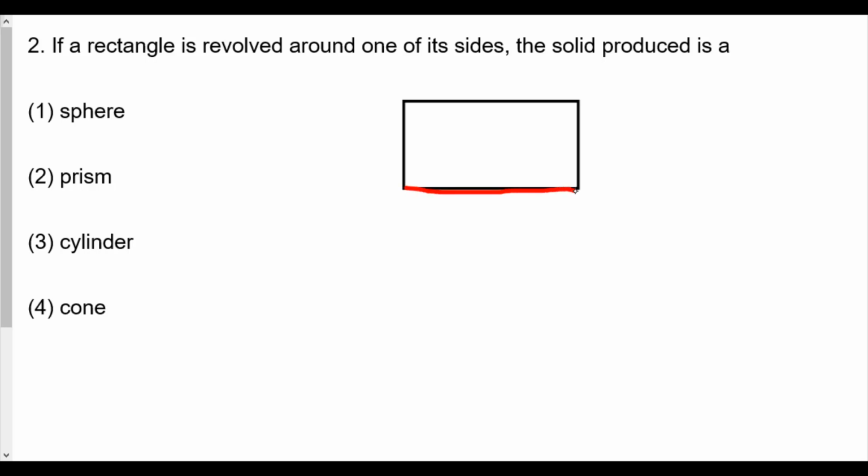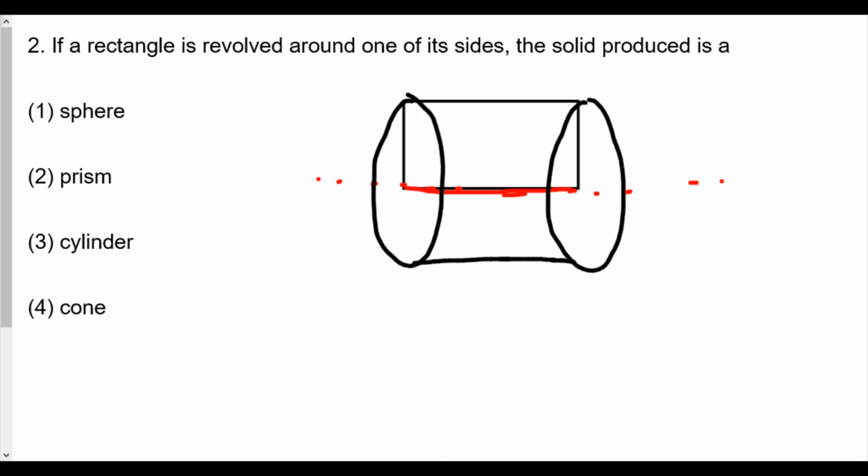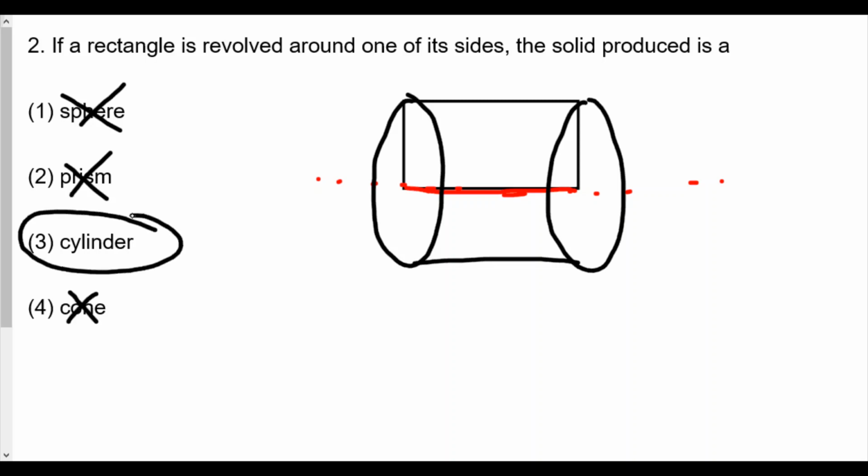If you rotate around, making this the axis, it's spinning around, and you're going to get a circular figure. This is not a sphere, not a prism, because again, no polygon bases, and not a cone, but a cylinder, okay?